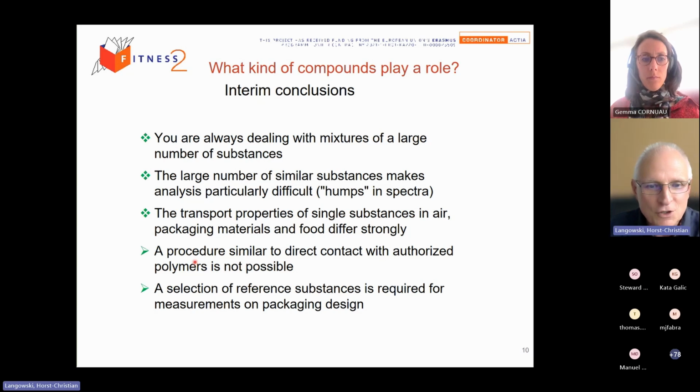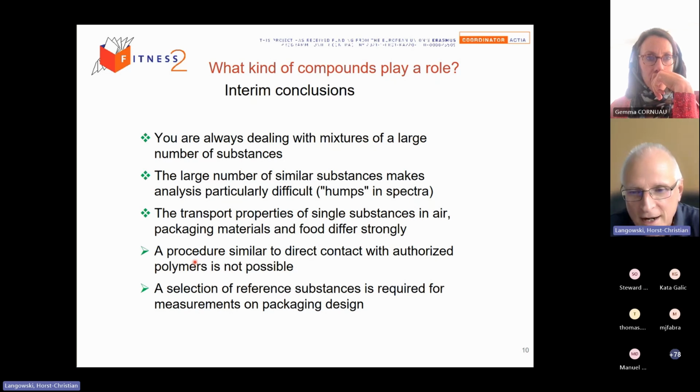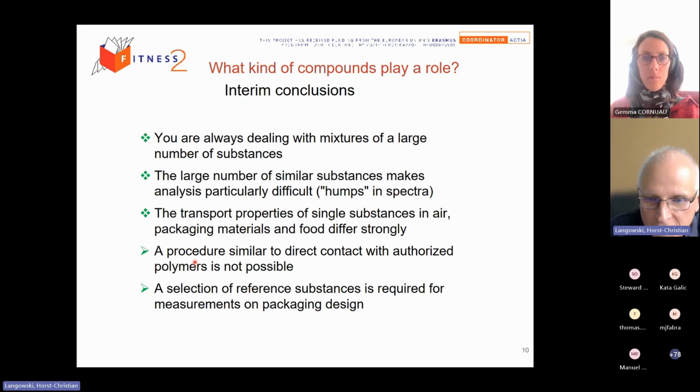Therefore, you cannot do what we do with polymers, where you say, okay, I have about 1,000 allowed substances and I can measure what is in there. This is not possible here. To measure something, which I will show you later, you need so-called reference substances to have an idea what will happen in practice.